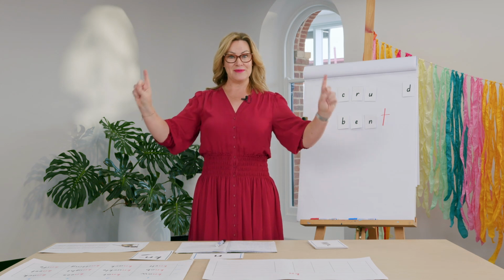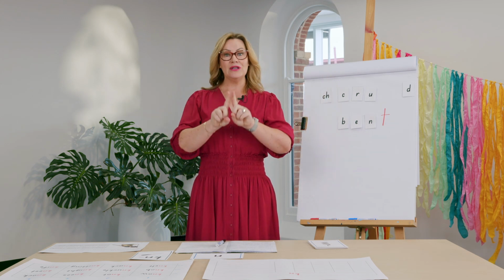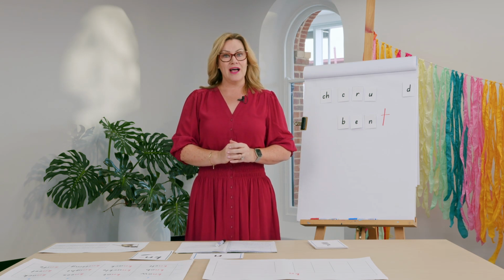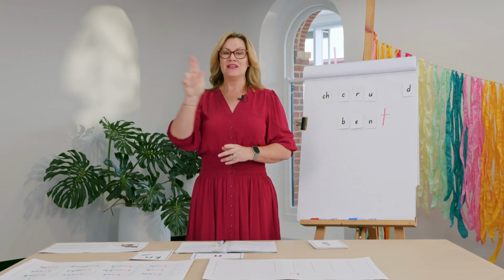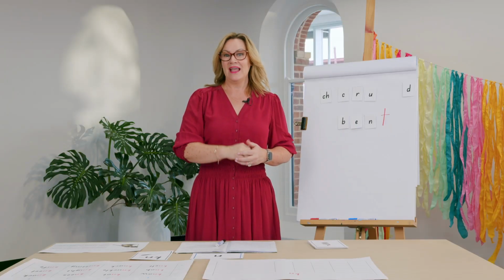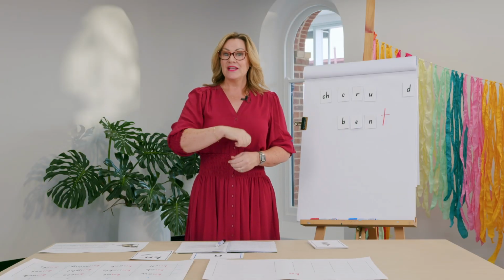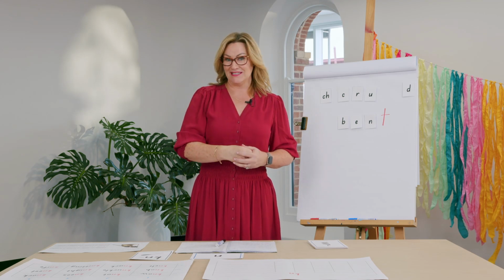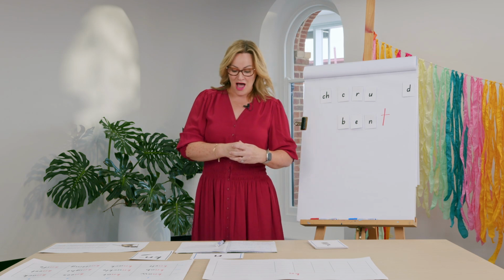A digraph, remember this, digraph is two letters together that represent one phoneme. Trigraph, tri means three, so three letters together that represent one phoneme. And quad meaning four, so quadgraph is four letters together representing one phoneme.